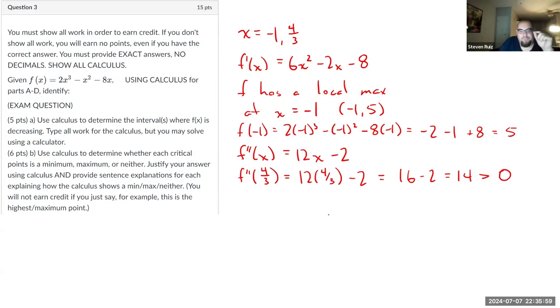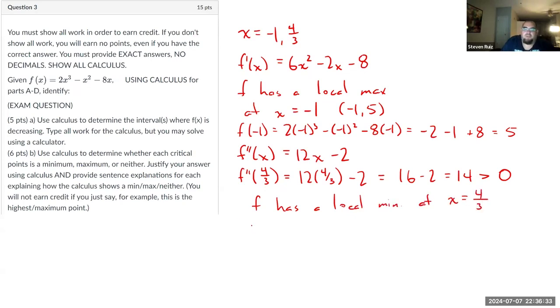So I have a point where the tangent line is horizontal, but in the neighborhood around that point, the slopes are increasing. The first derivative is increasing. That means I have to have a local min at x equals 4/3.